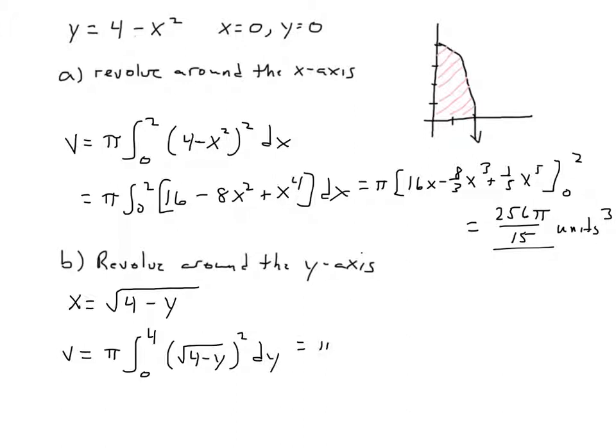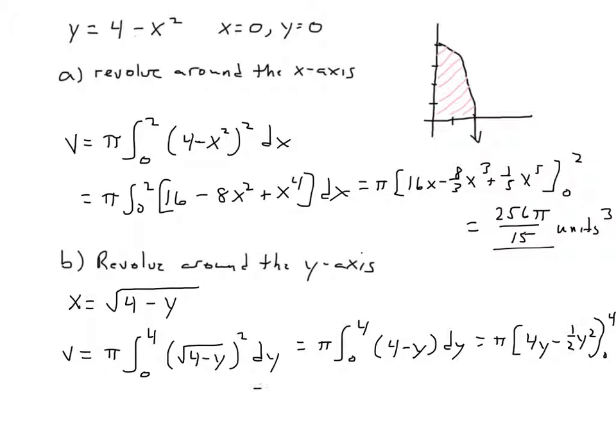So it's going to be pi times the integral from 0 to 4 of, when I simplify that, 4 minus y dy, which equals pi times 4y minus 1/2 y squared. And again, we're going from 0 to 4.